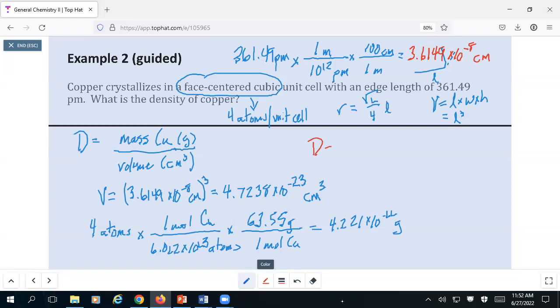So density is equal to the mass of the copper, 4.221 times 10 to the negative 22nd grams divided by 4.7238 times 10 to the negative 23rd cubic centimeters.